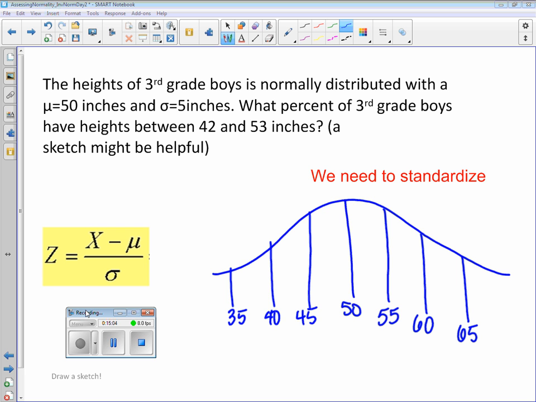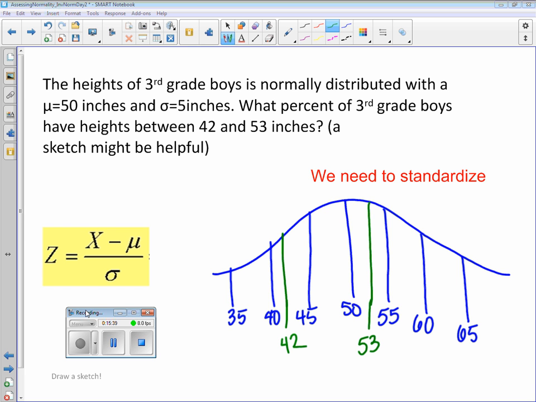And we know that 99.7% of third grade boys are between 35 inches and 65 inches tall. Okay? All right, so we sketched it out. That's great. Now, we answered some questions last time given these percentages, but this one's a little bit different. It says, what percent of third grade boys is between 42 and 53? Well, 42 is here, and 53 is here, isn't it?